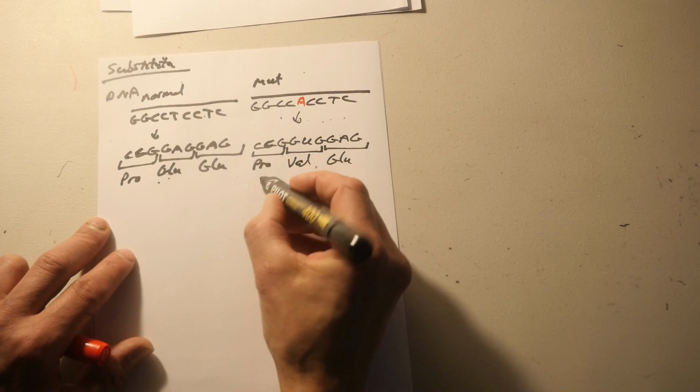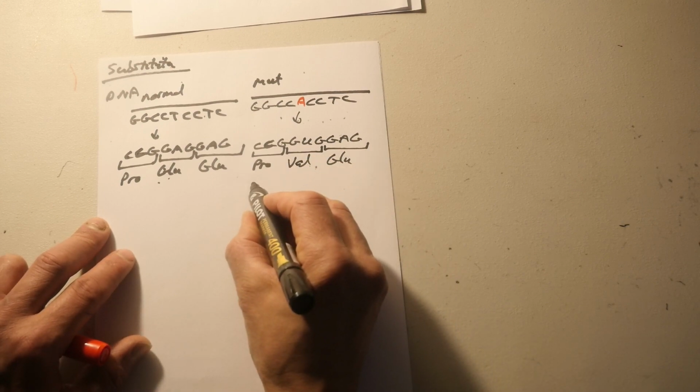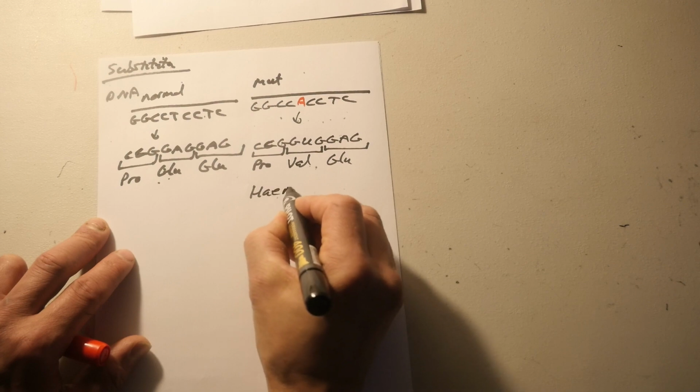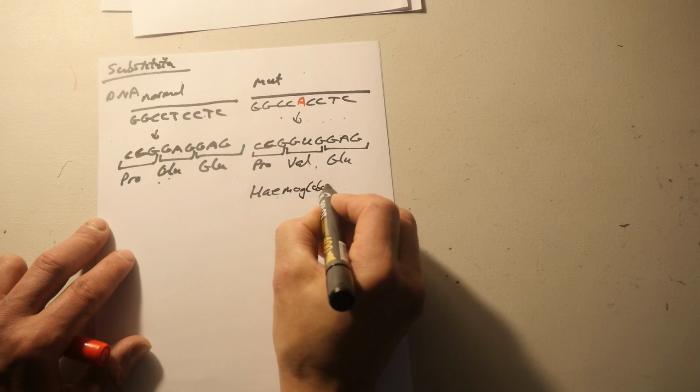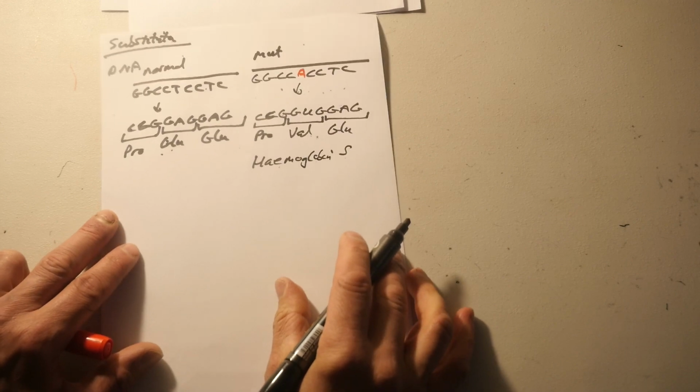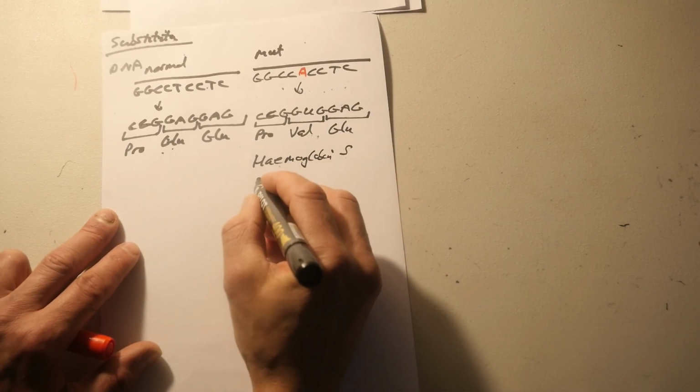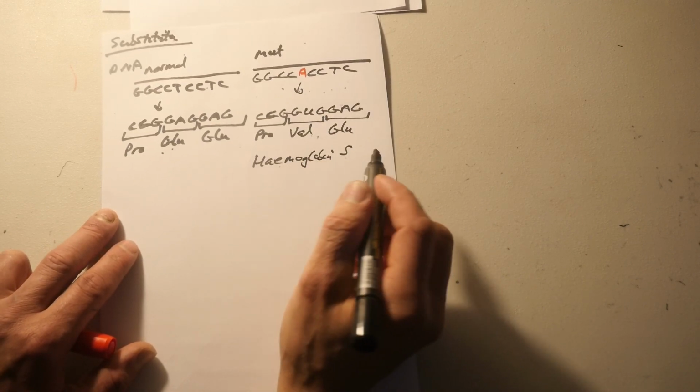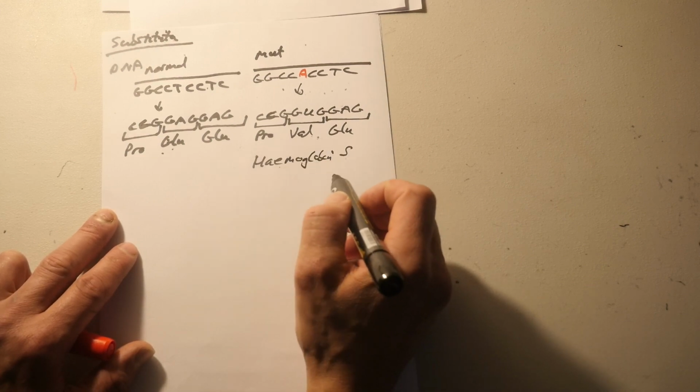So this is actually the hemoglobin S form. A change in one amino acid causes sickling. This is actually what occurs in sickle cell anemia.